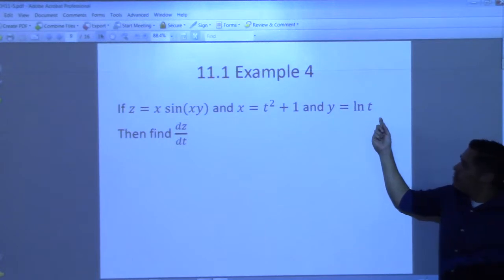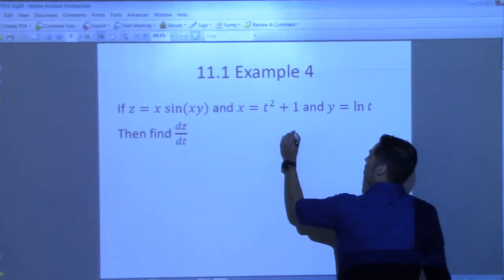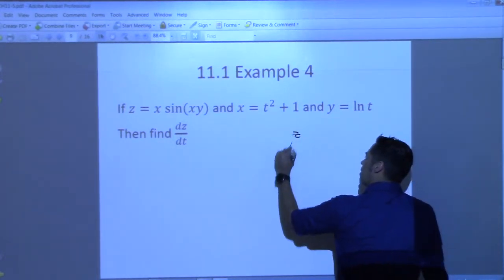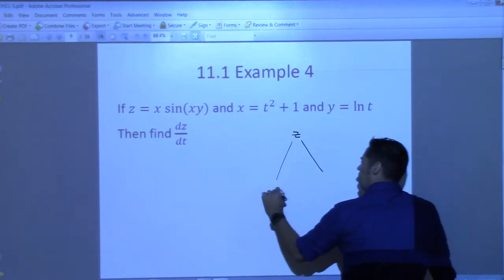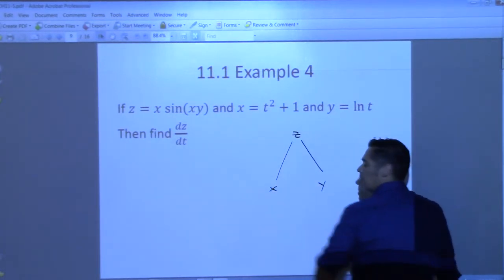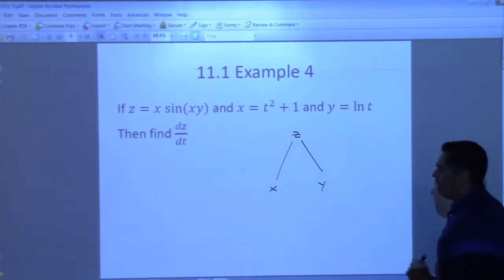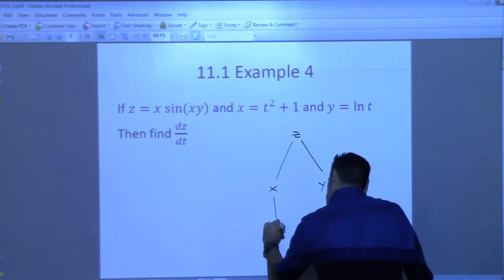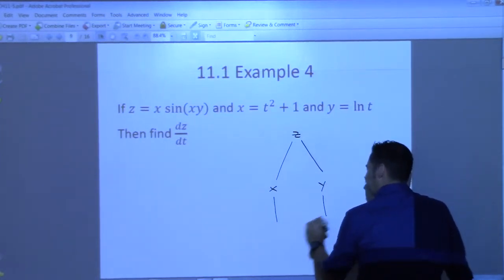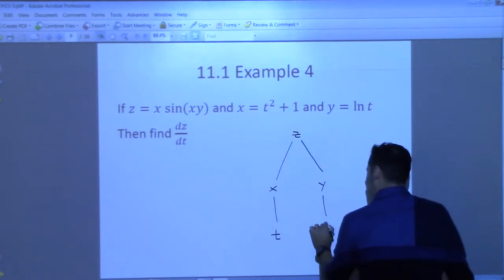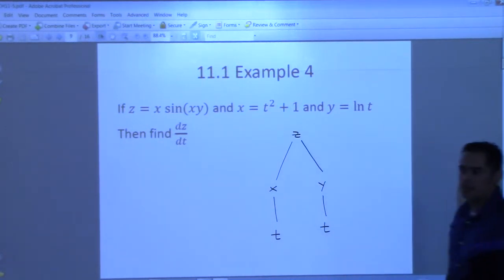Understand? So if I draw this, I have z depends on x and y, and then x depends on t and y depends on t.